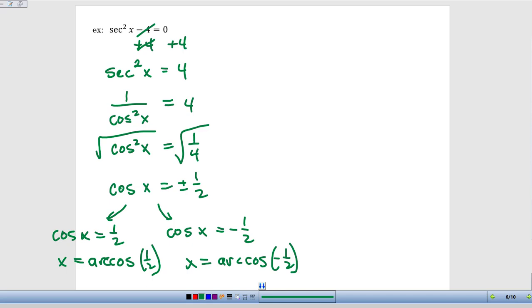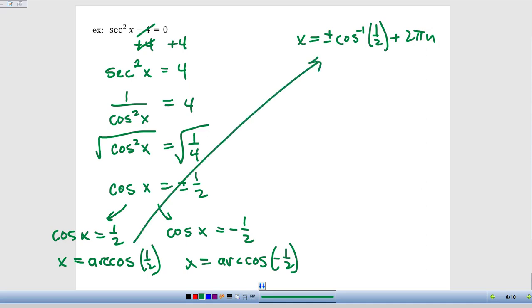So I'm going to move up top here. So we've got x equals plus or minus the inverse cosine of 1/2 plus 2 pi n. So that's this one right here.